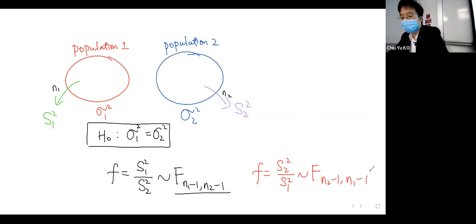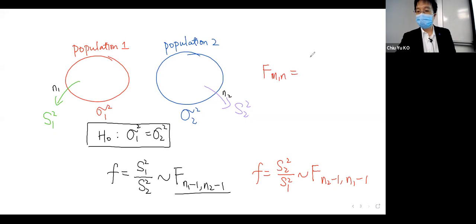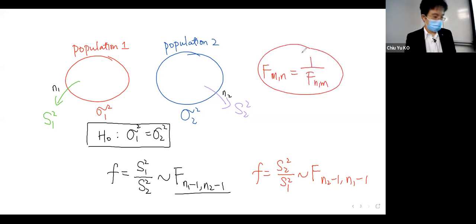Later we'll show an example that both give the same result. This is the math idea that Fmn is the same as 1 over Fnm. We reverse it, the thing just flips.